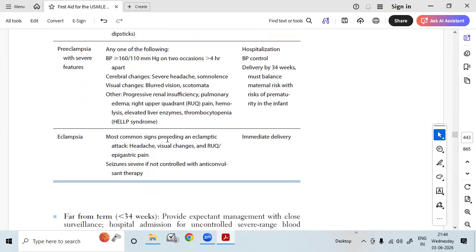Eclampsia: the most common signs present preceding an eclamptic attack are headache, visual changes, and right upper quadrant or epigastric pain. The right upper quadrant epigastric pain is also there in eclampsia. There are severe seizures; if not controlled with anticonvulsant therapy, immediate delivery.